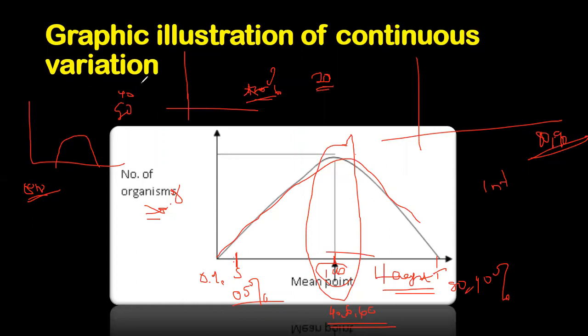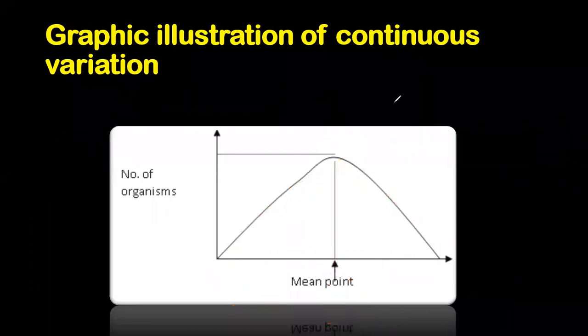Somebody has a question? I'm asking whether in continuous variation, different alleles have a small effect on the phenotype. Okay, that's a good question. Now, continuous variations are determined by very many alleles, very many genes.